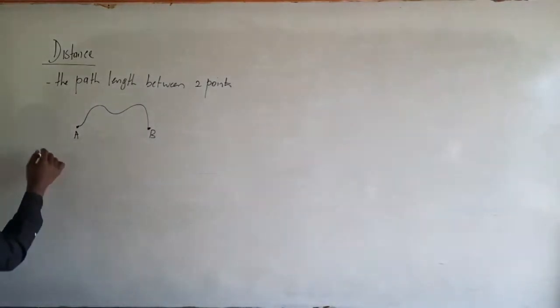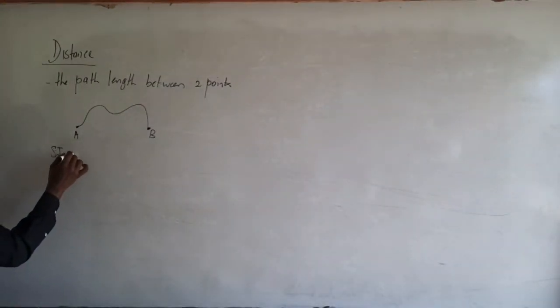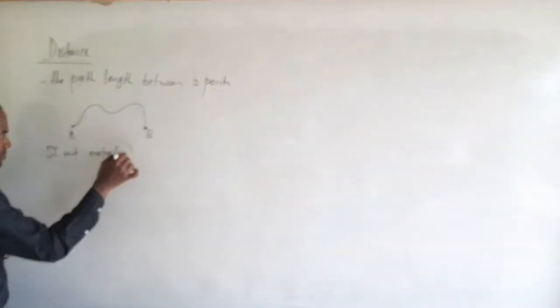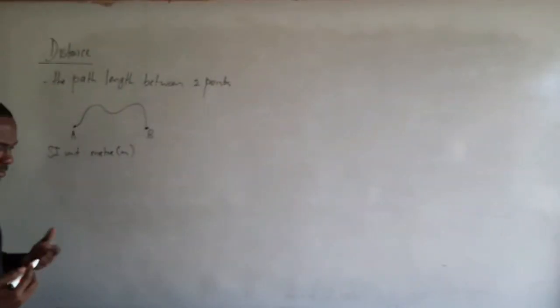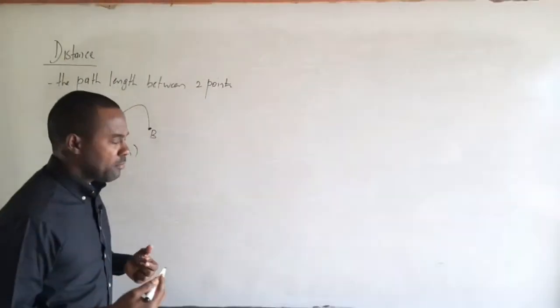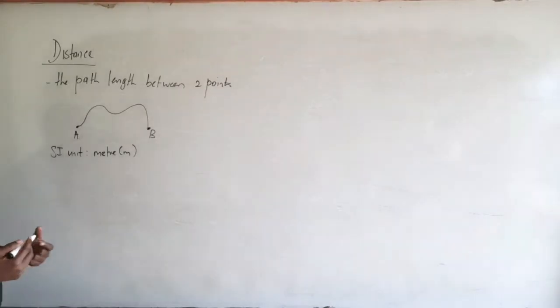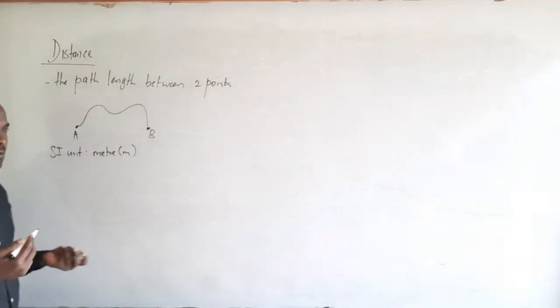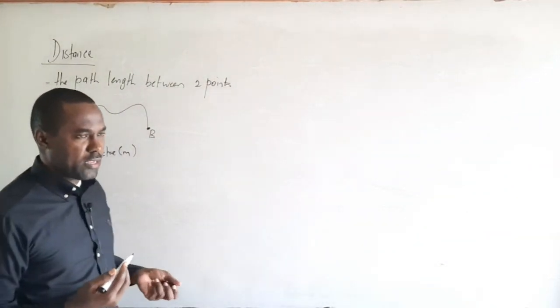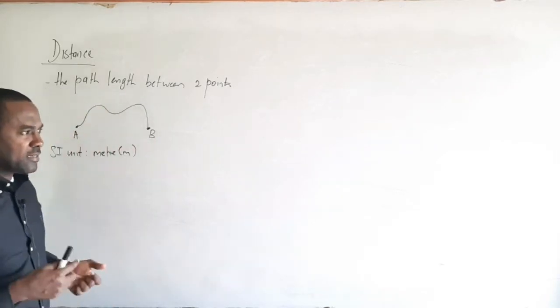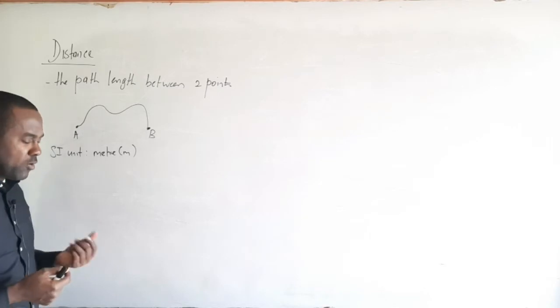Now, the SI unit of distance is the meter, m. Of course, you know that there are other units like the kilometer and so on, but the SI unit is, of course, the meter. Distance is a scalar quantity, meaning that it has magnitude or size only.